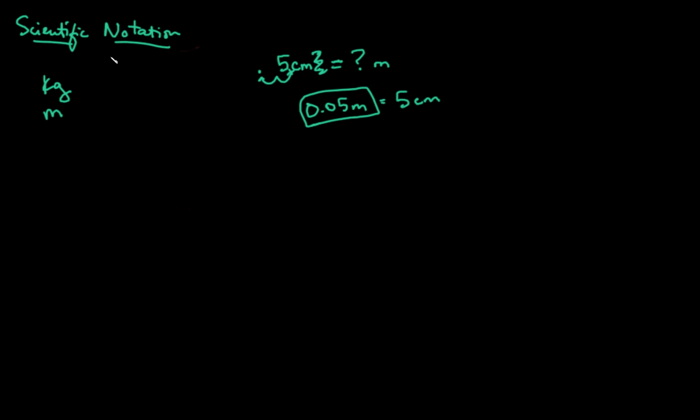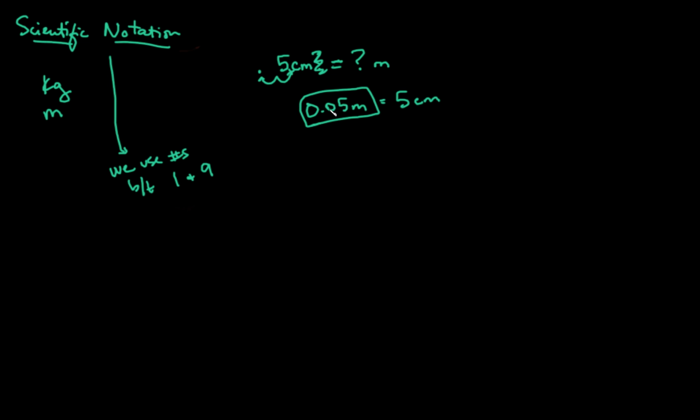So scientific notation requires that we use numbers between 1 and 9. So we've got to fit our basic numbers in between that range. So this is less than 1, so I need to change that to something that's between 1 and 9.